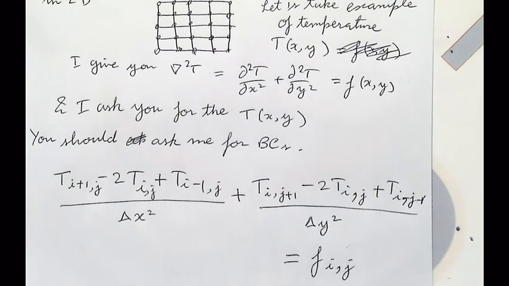So I will start with an initial guess, and slowly I will iterate towards the correct answer. But there's another way. You don't need to start with a guess. Do you remember in implicit time integration, we had the same issue? There were unknown variables, 3 of them in the same equation that needed to be solved for.